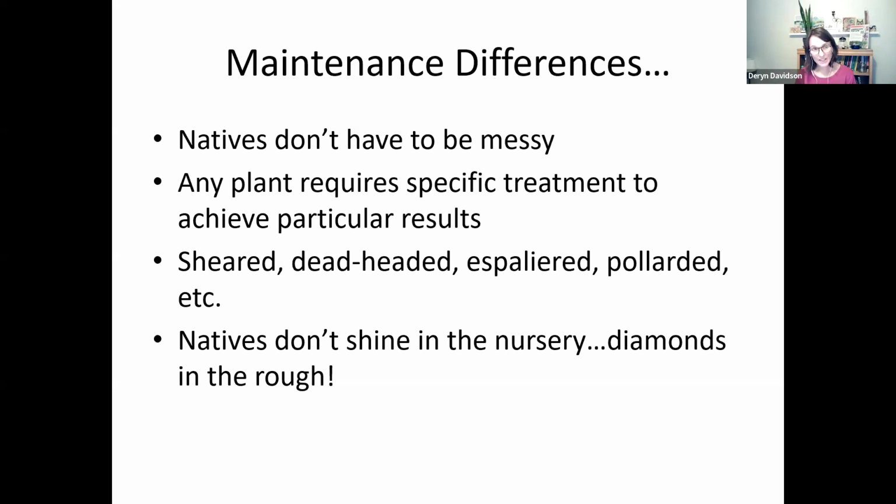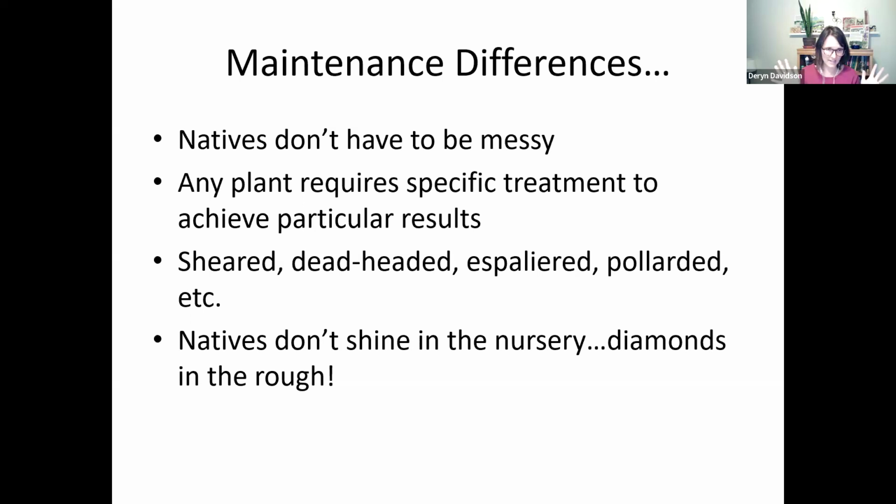And it's important to know that natives don't shine in the nursery. So when you walk into a nursery and you see those beds and benches and shelves full of just picture perfect plants, where each pot looks pretty much the same, those plants have been bred and bred and bred to look like that in a nursery container, in a tiny little pot of soil.